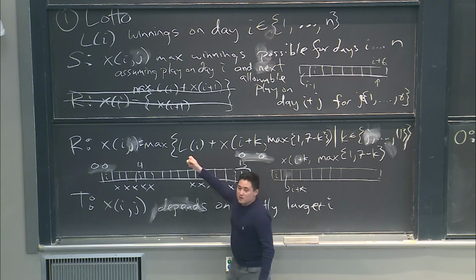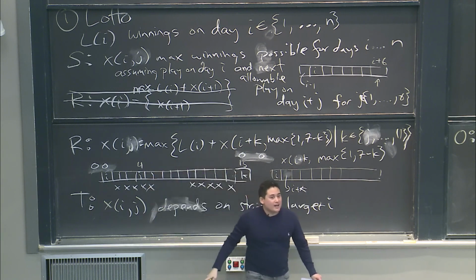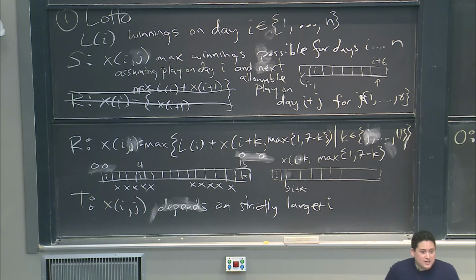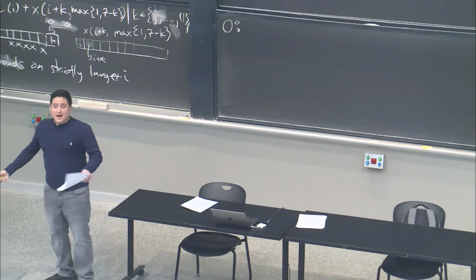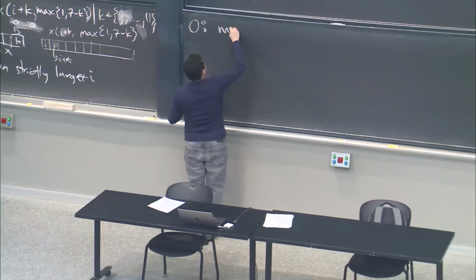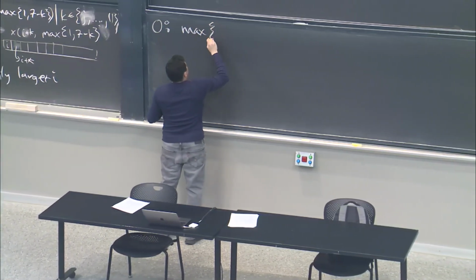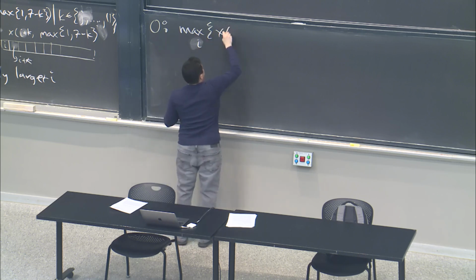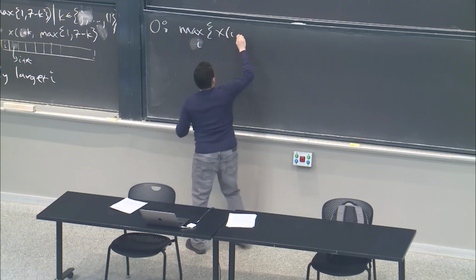Here, my subproblems assume that I'm starting at i, but I don't know where I start. I could start by taking the first element, but I might not. So I could just take the max over all i of x of i, what?